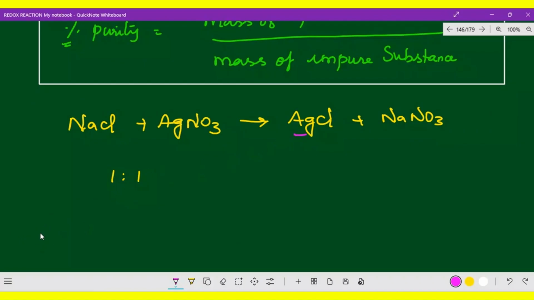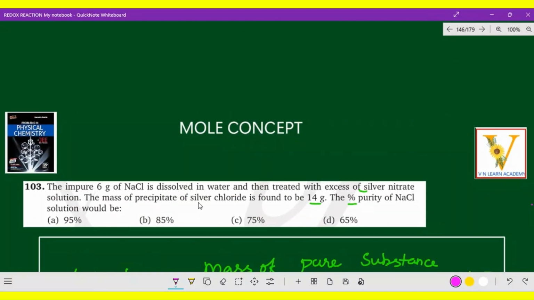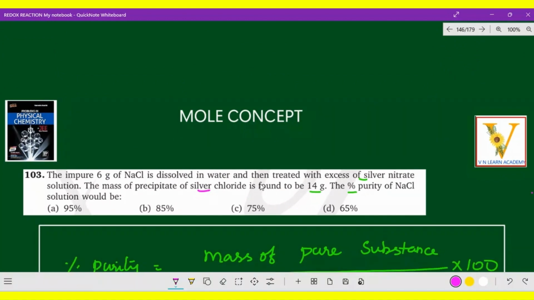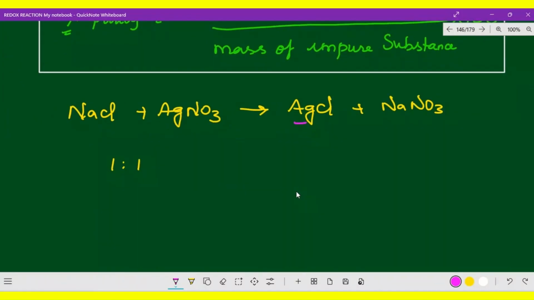So moles of AgCl is given mass divided by molecular mass. The given mass in the question: the silver chloride is found to be 14 grams. Molecular mass of silver chloride is 143.